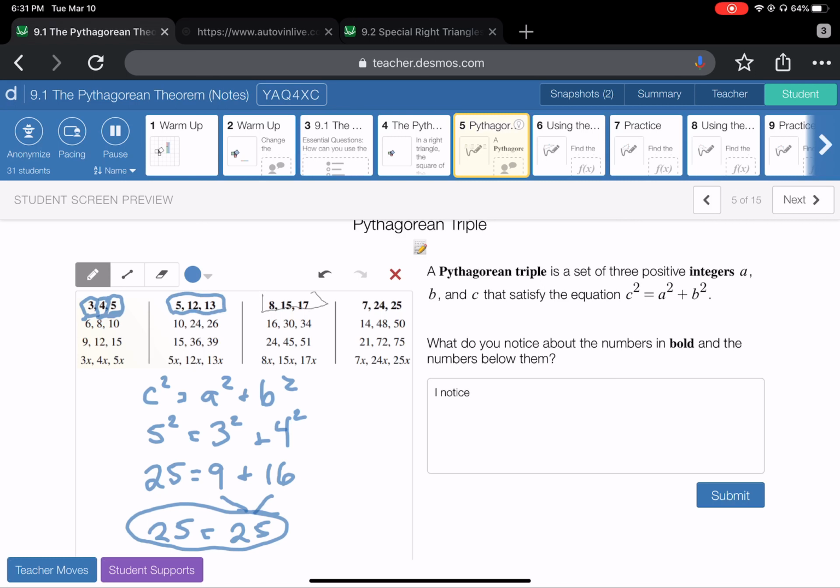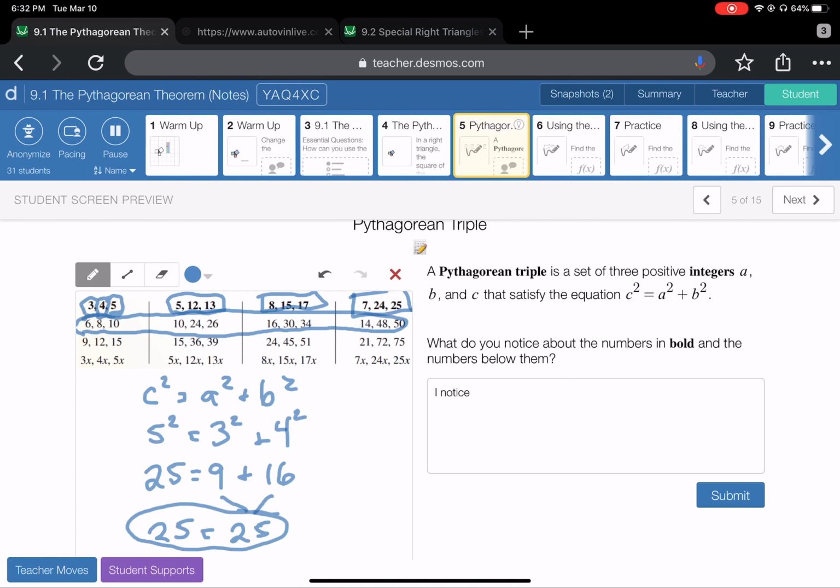These are the most common Pythagorean triples. If I substitute these into the Pythagorean theorem, it'll become true, which makes them Pythagorean triples. Now, their multiples also will become true and be Pythagorean triples.